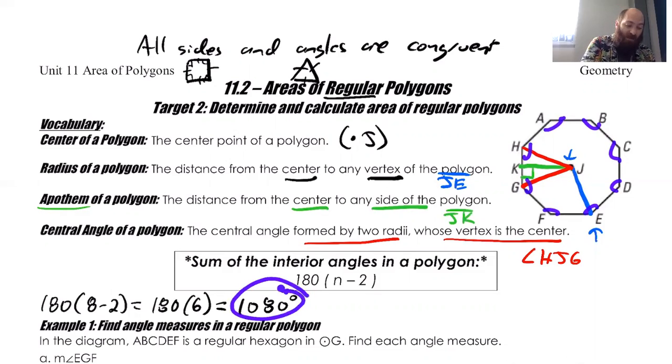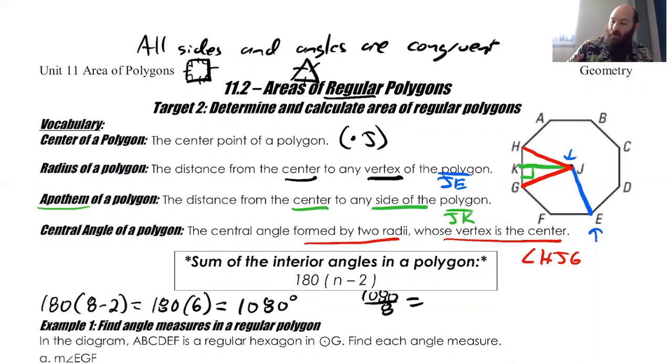That will give me each of these for a regular polygon. So 1080 divided by 8 gives me 135. That is the degree measure for each of these. It's 135 degrees. Okay, just something to be aware of for that part.